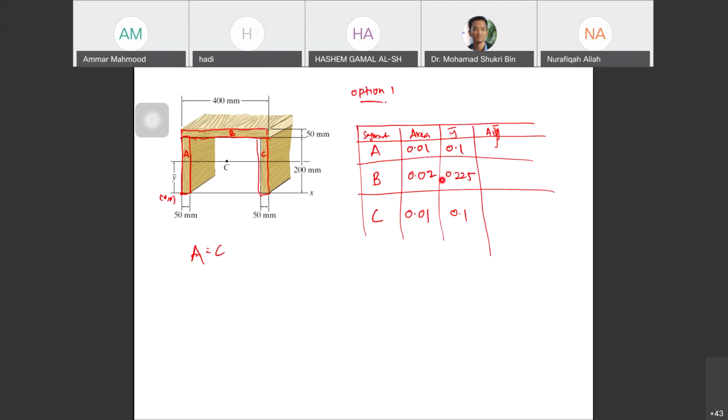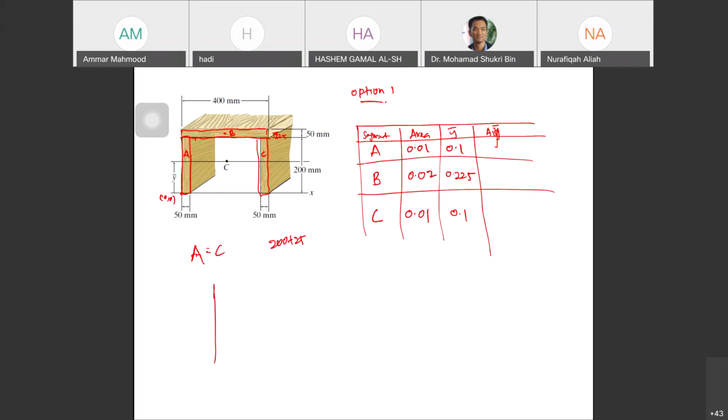Why 0.225? Because the location of the centroid is measured from the origin. 400, 200 plus half. So half here is 25. So 225.